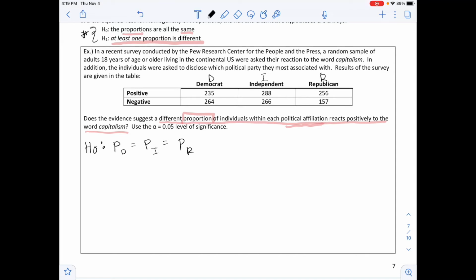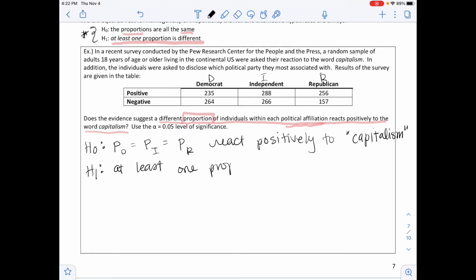And again, this is talking about proportions of the people that are reacting positively to capitalism. Our alternative hypothesis, or H1, is going to start off with: at least one proportion is different from the others.